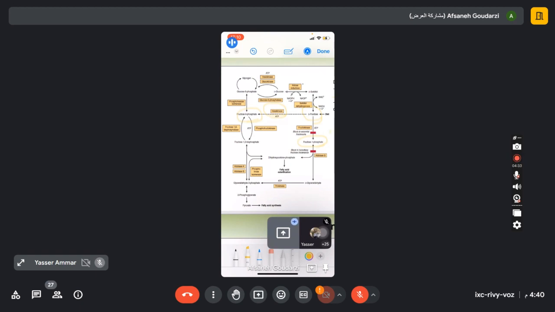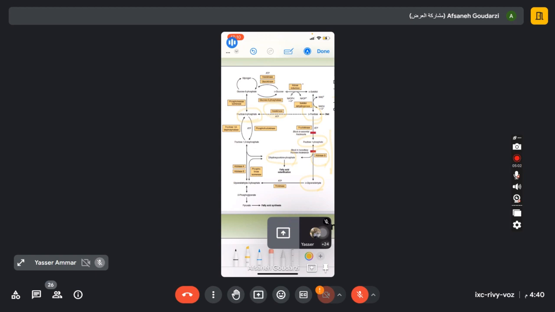So if we continue here, you see that fructose 1-phosphate by aldolase B breaks to dihydroxyacetone phosphate and glyceraldehyde. Fructose has 6 carbons. It breaks to 2 molecules of 3 carbons, glyceraldehyde and dihydroxyacetone phosphate. So what happens next?